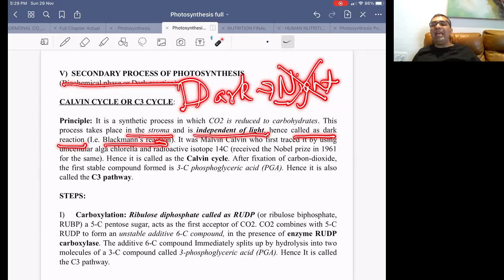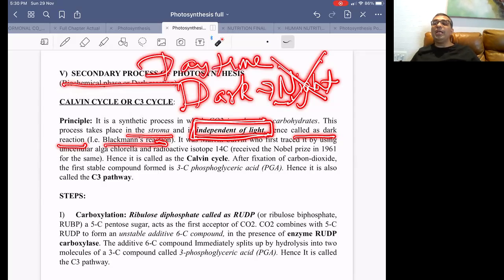So dark reaction does not directly use light. Hence it is independent of light, hence it is called dark reaction. But it does not take place in the night. It takes place in the daytime only. It is only called dark reaction because it does not depend on sunlight.